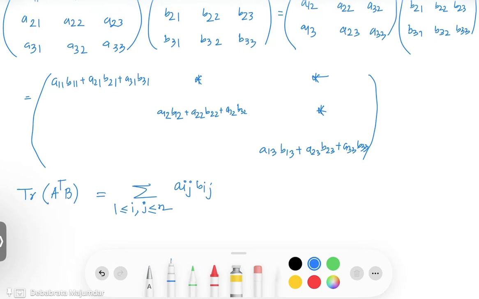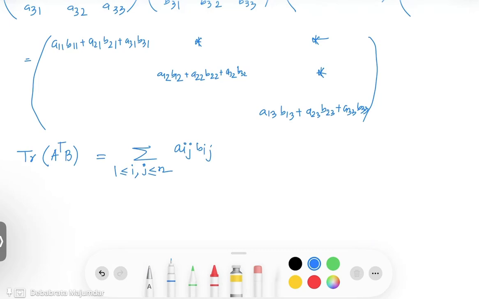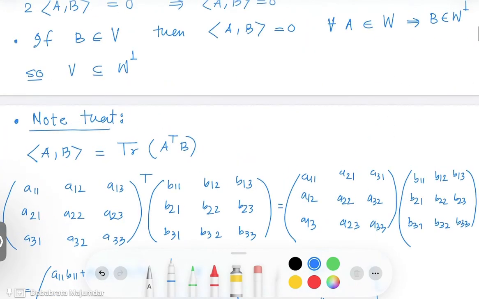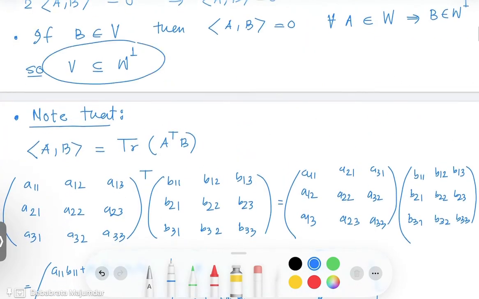So now what is my target? I have to show that W perp is a subset of V, right? This is my target now. I already proved the other direction.